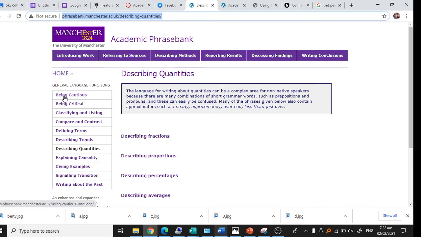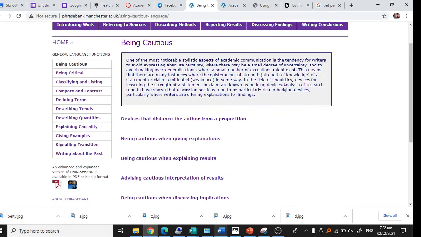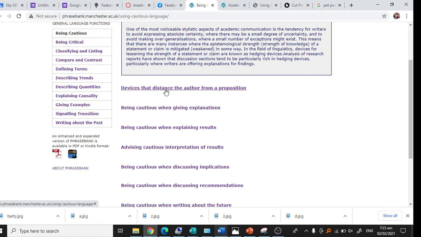You have different expressions or different language functions that you can use, and as you select them, you would be given different options. For example, whenever you are writing and you would like to have a certain level of being careful or being cautious, you would see here different purposes.